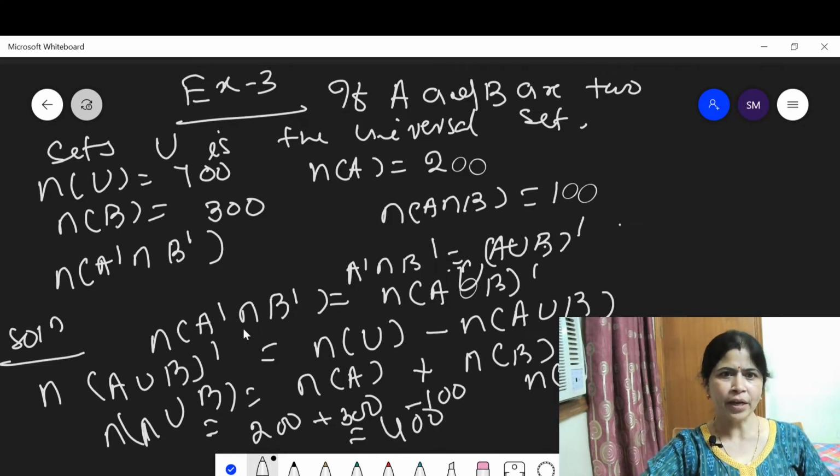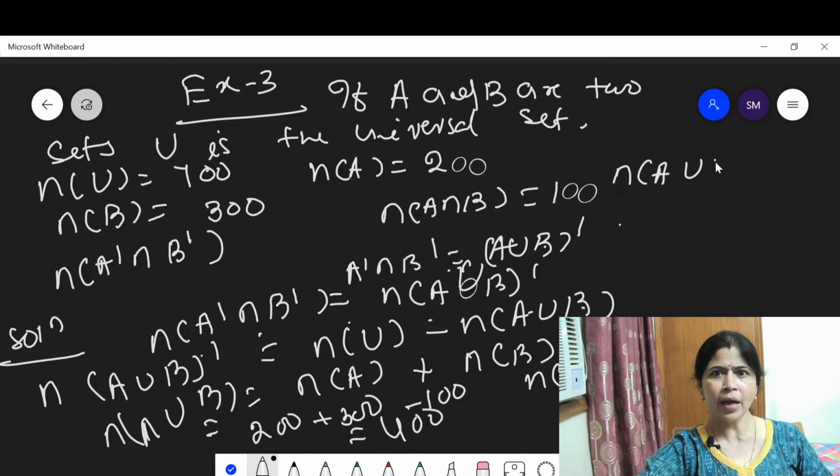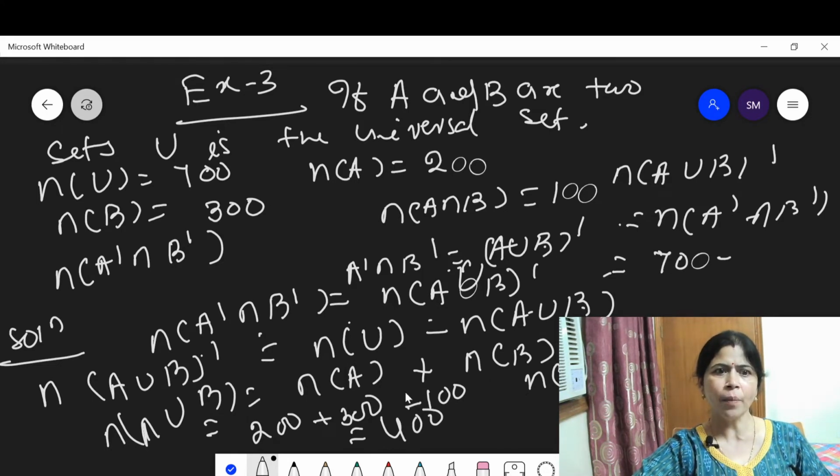But we have to find out n of (A union B) dash, which is equal to n of U minus n of A union B, which is equal to n of A dash intersection B dash. As we know that n of U is given here 700 and n of A union B is here 400, then we get this is equal to 300.